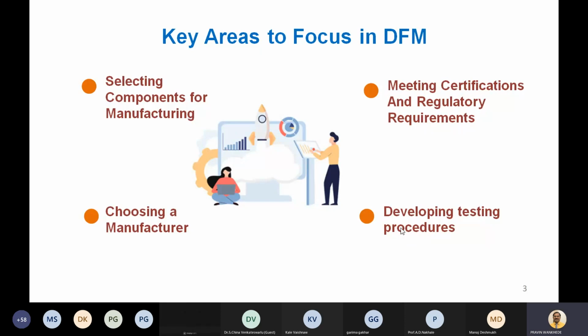Whether it's the basic UL certification, that is the Underwriters Laboratories certification, or the Federal Communications Commission certification, that is the FCC, for your wireless IoT devices, or any other special certifications for your wearable devices or medical devices, you have to have a plan in your mind at the time of developing and prototyping your product itself.